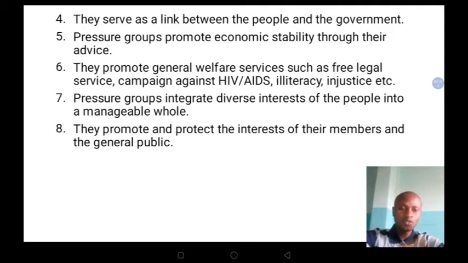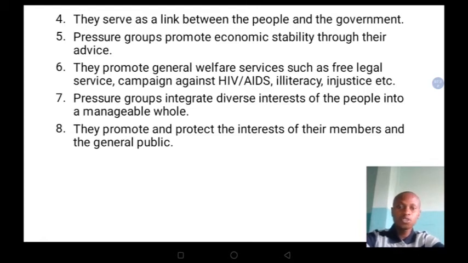We have those fighting to ensure that the illiteracy level is reduced to the barest minimum. And they're advising the government, influencing the government, and also educating the members of the public on why their girl child, why their boy child should go to school. These are services they render free of charge to the members of the public.